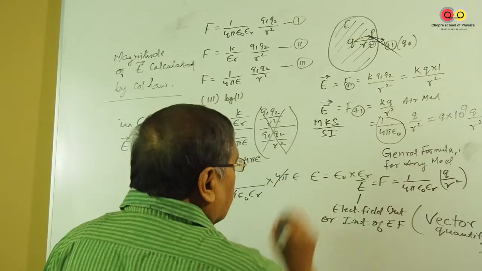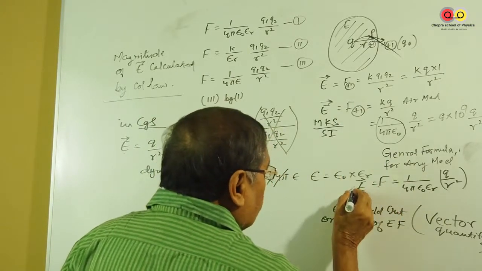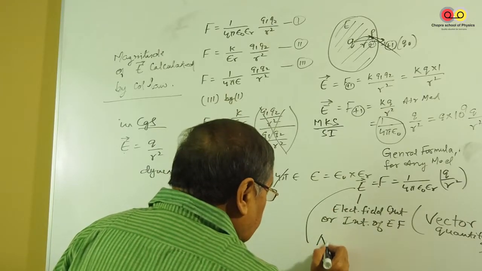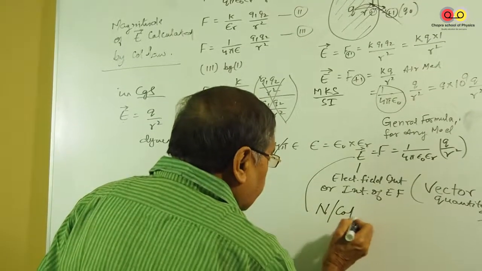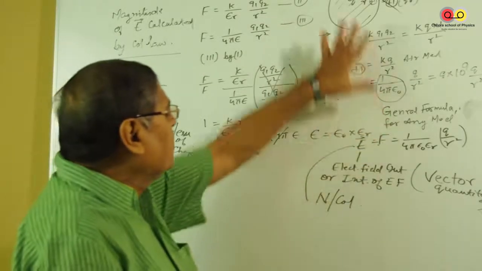But in MKS, there is the force, so electric intensity will be in Newton per Coulomb.